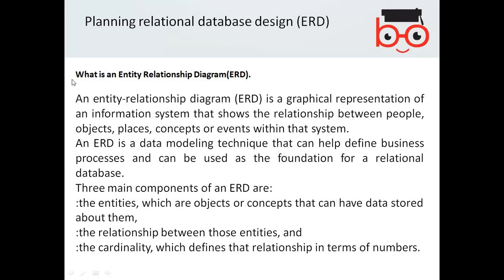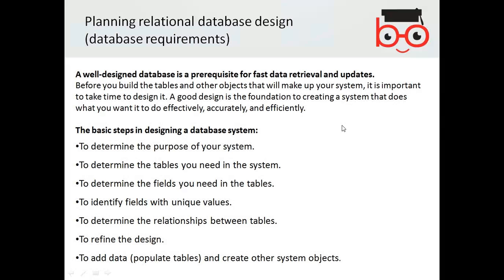Now, what is an entity relationship diagram? An entity relationship diagram is a graphical representation of information that shows the relationship between people. So it's not the case that you just start writing the software, a database management system, right away, when you may not know the actual requirements that we discussed in the first slide.